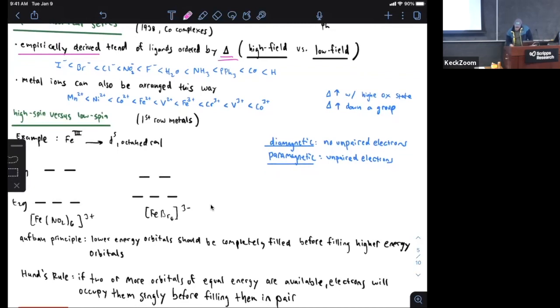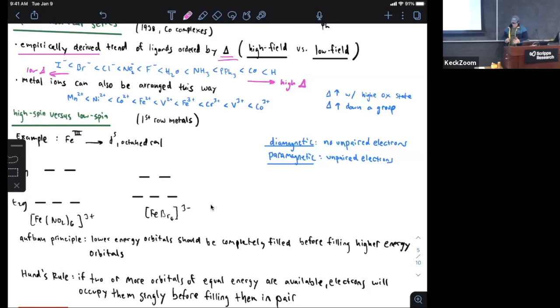So here's what the overall trend looks like, going left to right from low splitting energy to high splitting energy. Some of the trends that qualitatively should pop out: on the right are typically neutrally charged ligands, those that are relatively strong sigma donors, and particularly those that are pi acceptors.